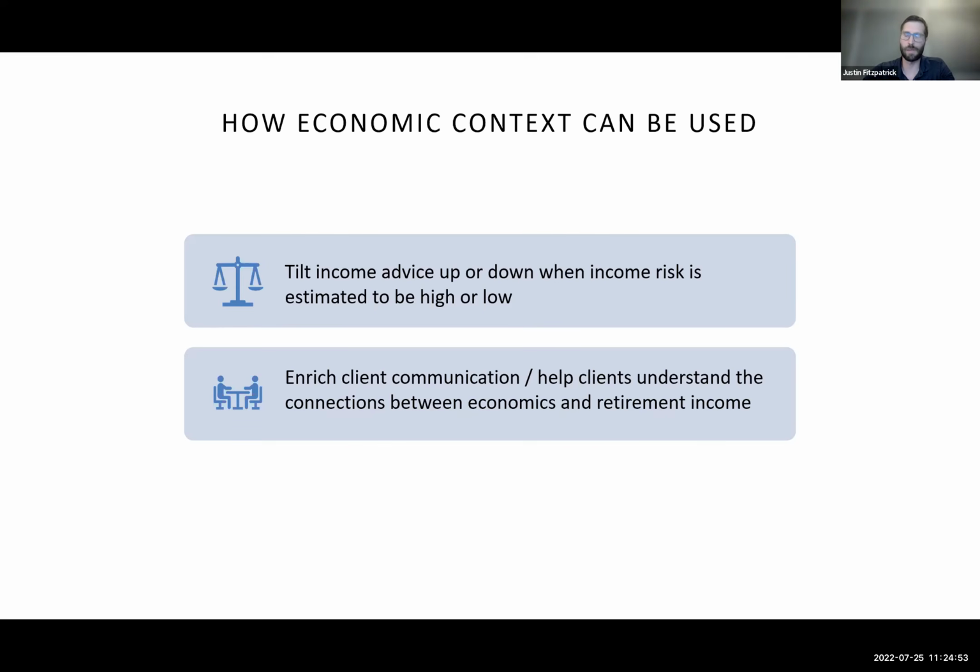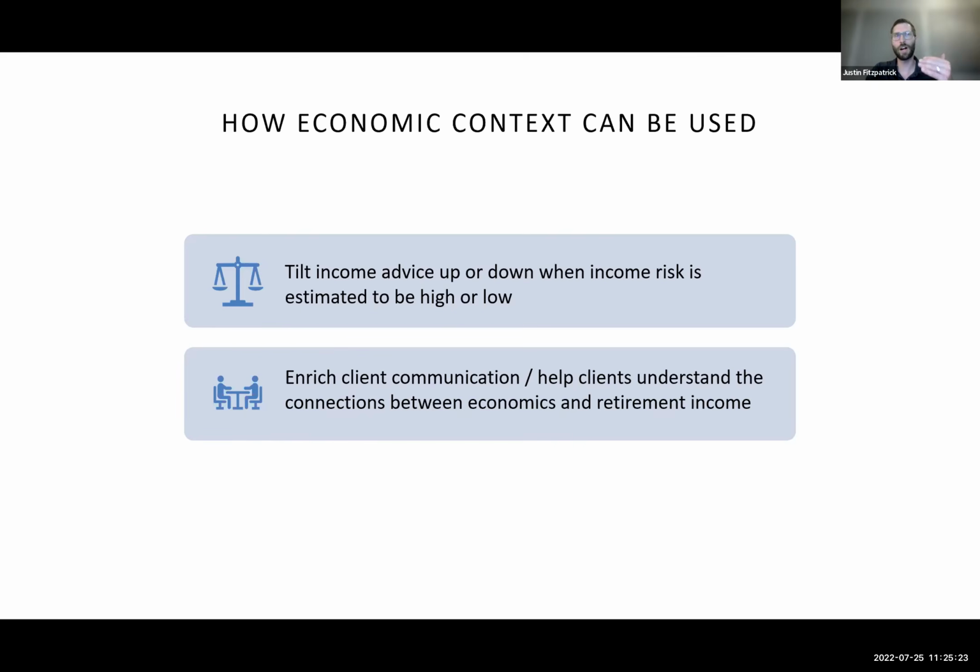Maybe it's inflation, maybe it's recession or depression. So that's where economic context can really help. And we found that providing a historical picture of the context really can help clients understand what the retirement plan you're presenting to them really means, and how it compares to the other sorts of things that might have happened in the past or could happen in the future.